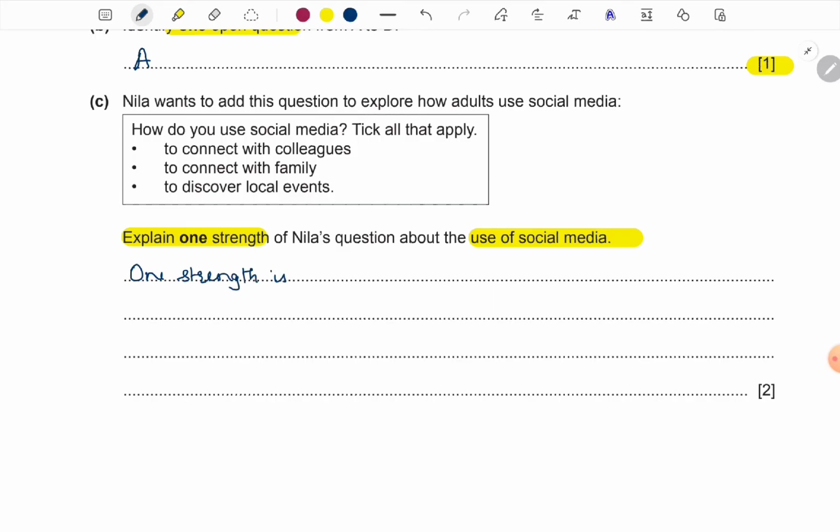is that the question is closed and therefore its response could be interpreted objectively.